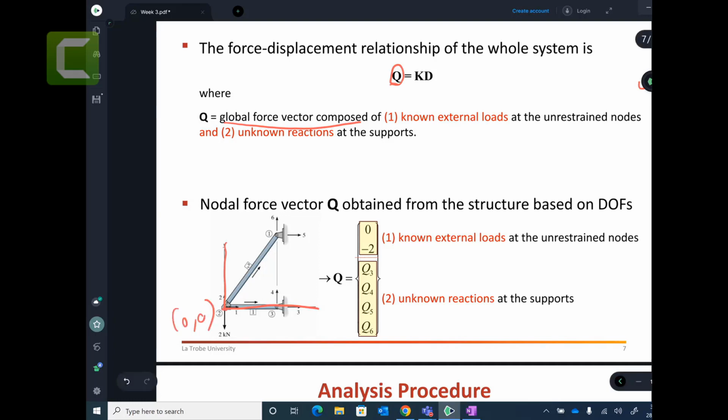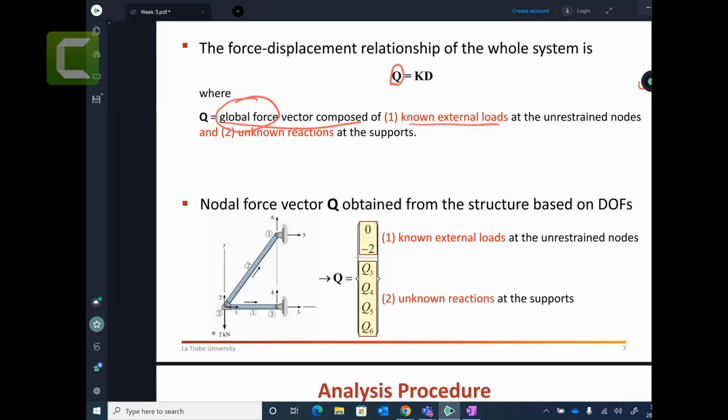That is your global coordinate system. And you have local coordinate systems. Let's say for this member, this is X and this is Y, which is your local coordinate system. So the vectors that we're going to get will be the global vectors, which are with respect to your global X, Y.